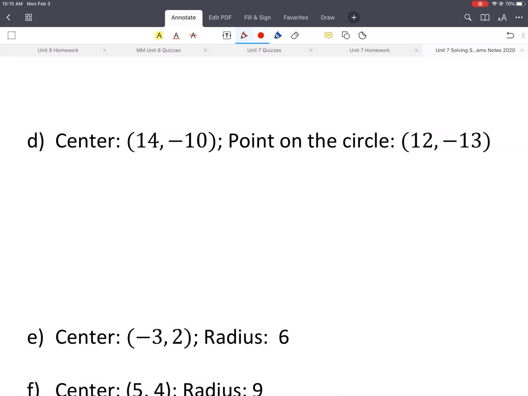D, let's try this. Again, this is our h and our k and our x and our y. Point will always be our x and y. So we'll do 12 minus 14 squared plus negative 13 minus a negative 10 gives us a plus 10 squared equals the radius squared.